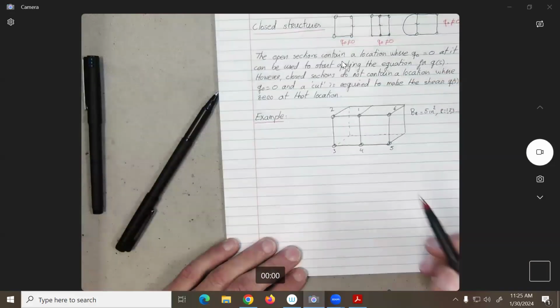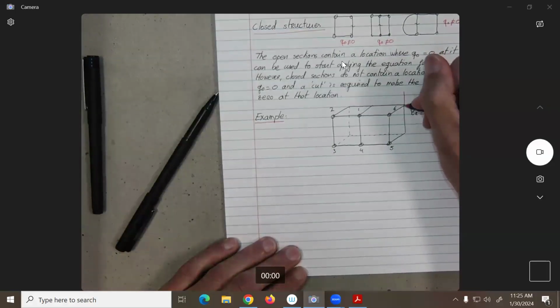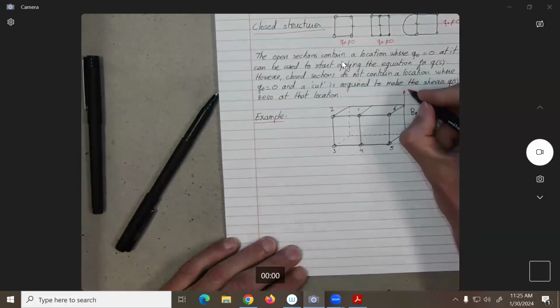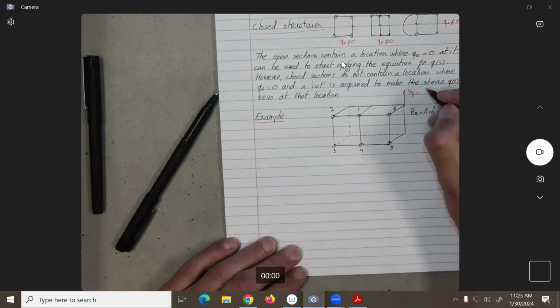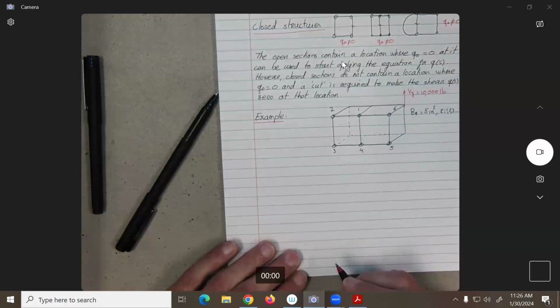Okay, let's say the load is going to be applied over here. So we have a vertical load, Vy, which is called a shear load, equal to 10,000 pounds.